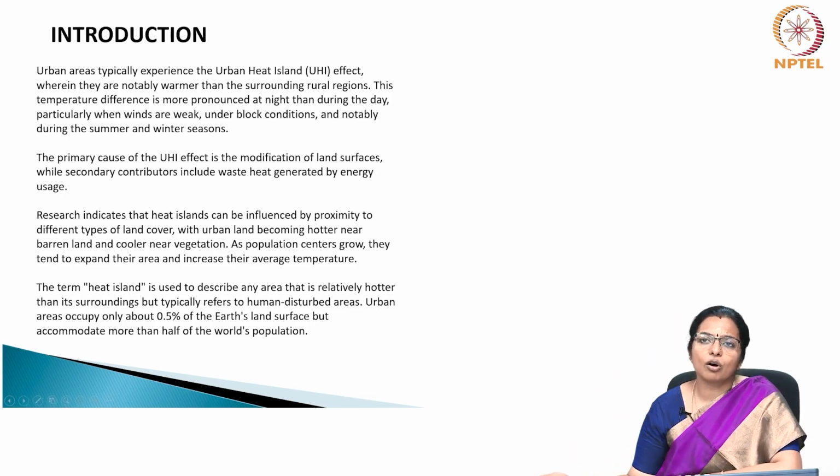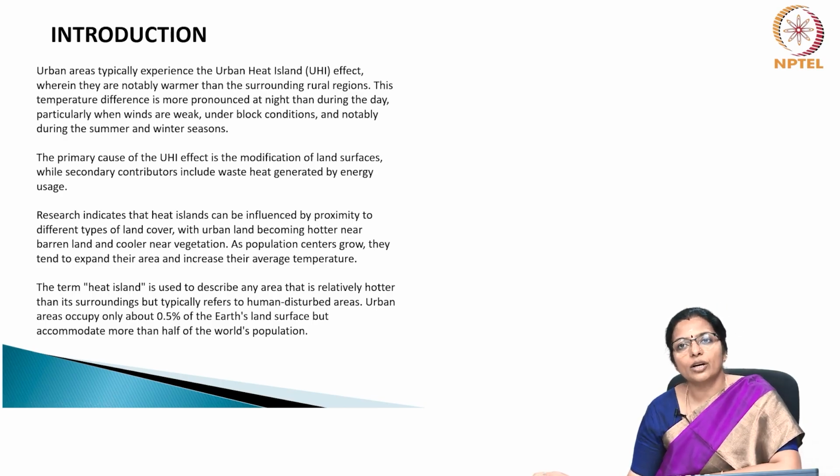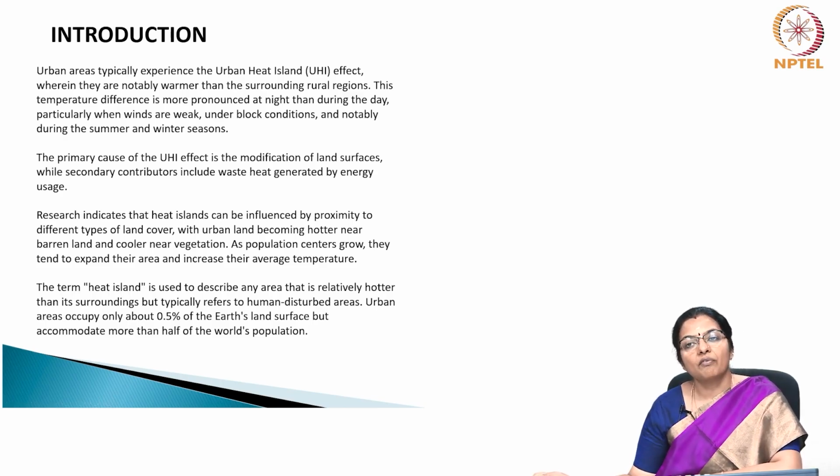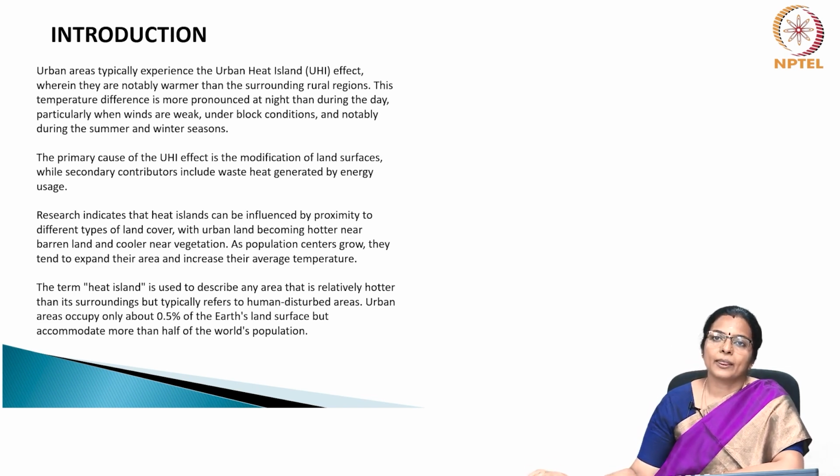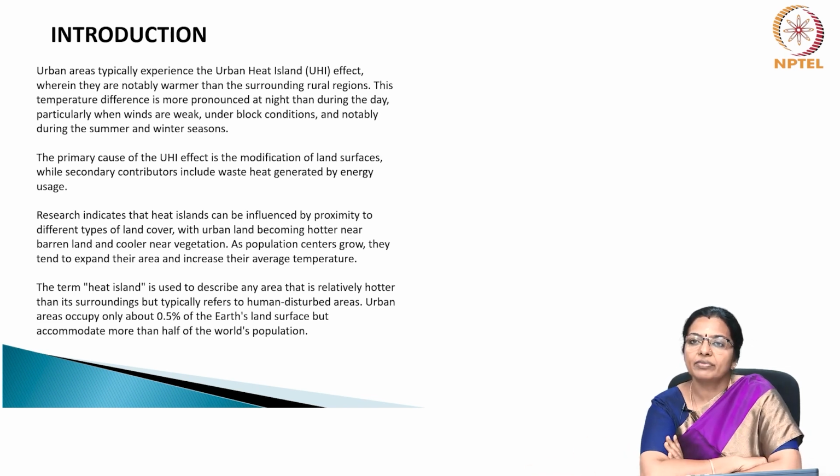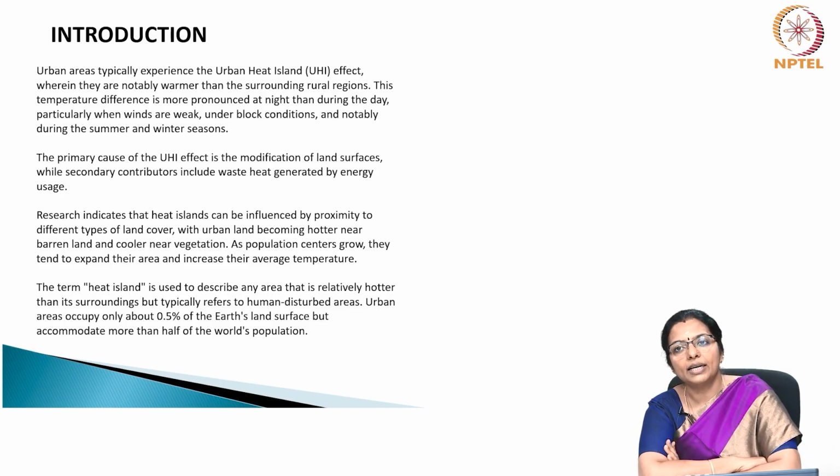The primary cause of the UHI effect is the modification of land surfaces, while the secondary contribution includes waste heat generated by energy usage. Research indicates that heat islands can be influenced by proximity to different types of land cover, with urban land becoming hotter near barren land and cooler near vegetation.